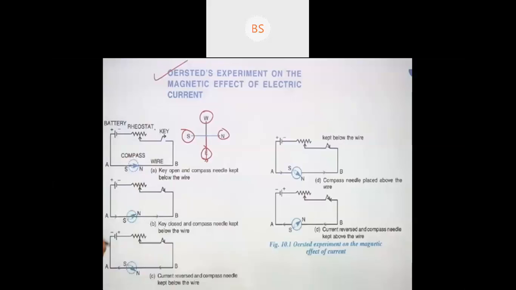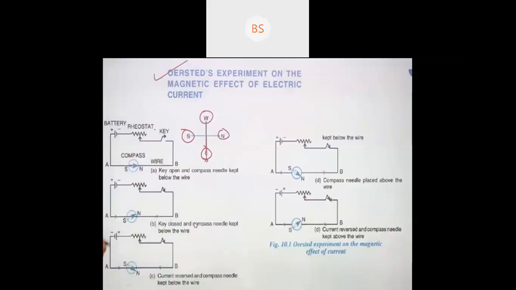You can see here north, south, west and east. If the current in the wire is increased, the deflection of the needle also increases. So this is his second observation.